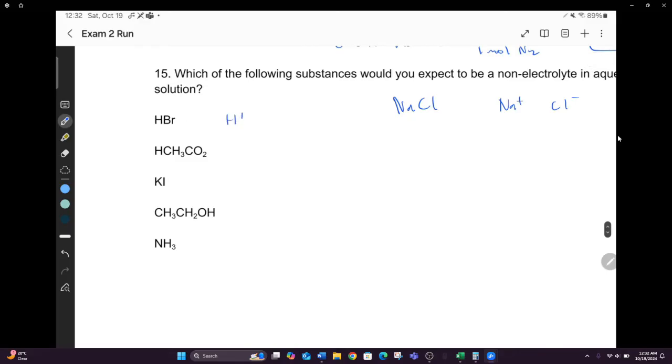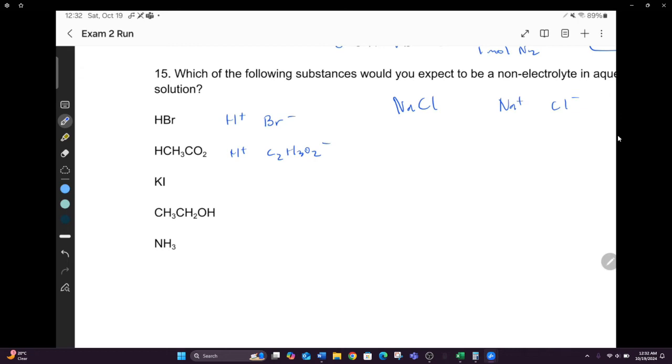You can produce H plus and Br minus. This one might look a bit trickier, but it's H plus and C2H3O2 minus, which is acetate. You should have known that from your polyatomic ions.